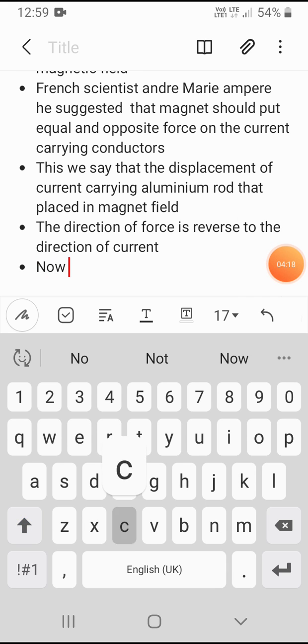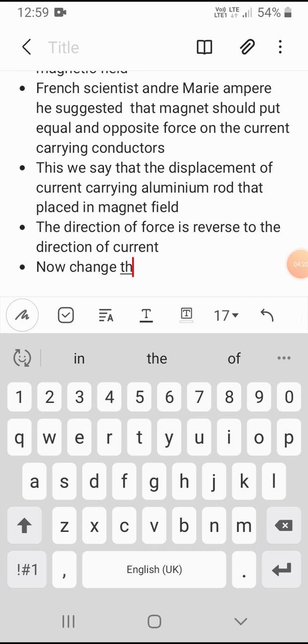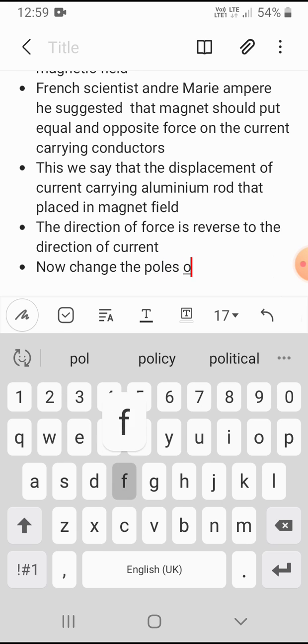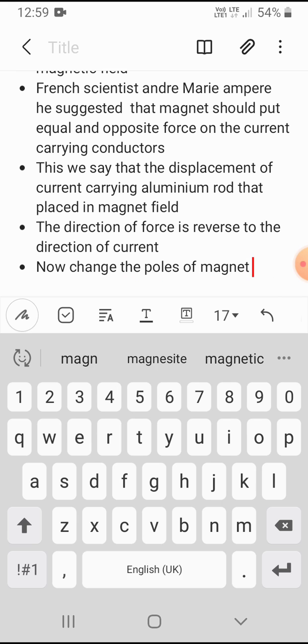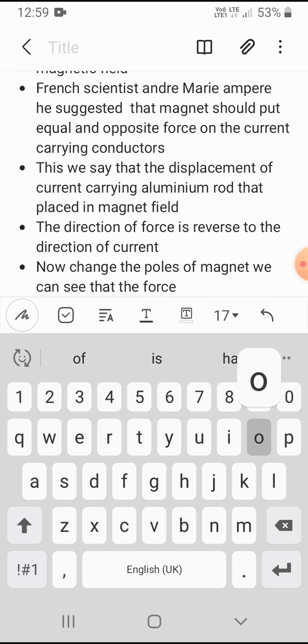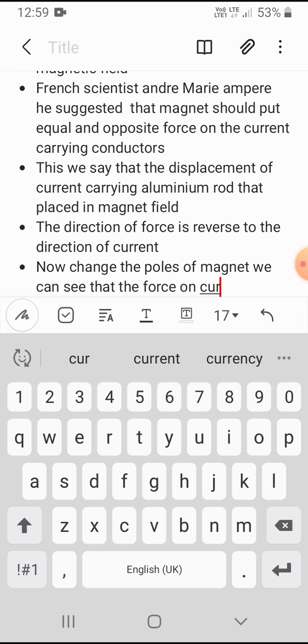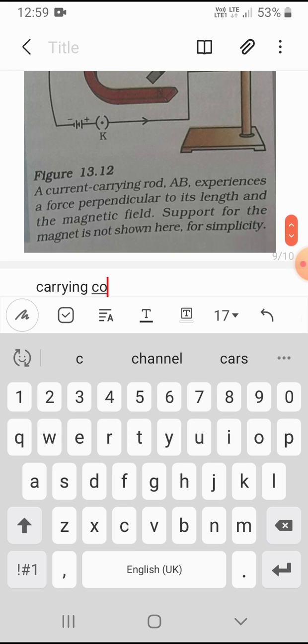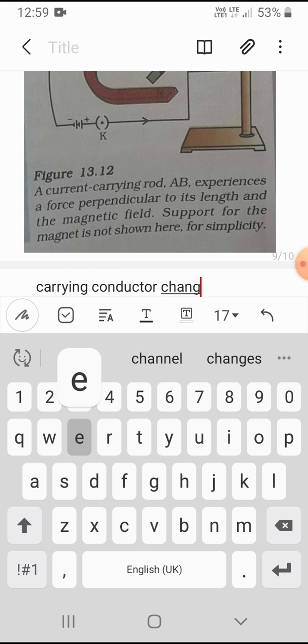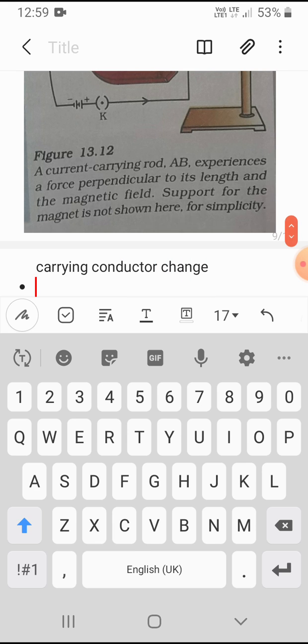Now change the poles of the magnet. We can see that the force on the current carrying conductor changes.